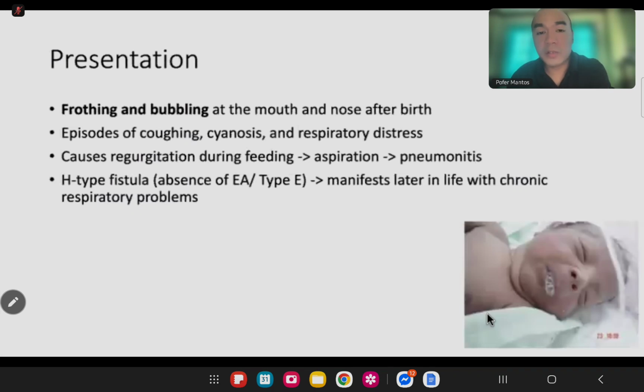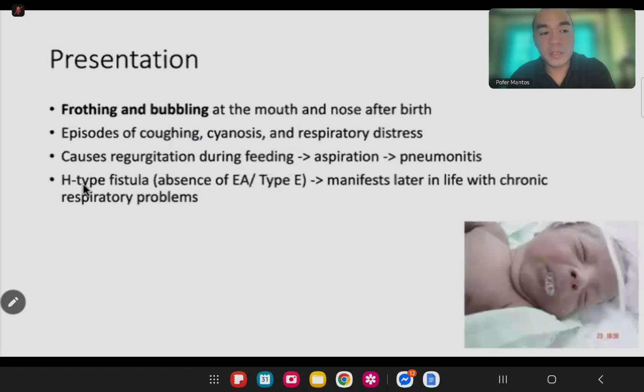For presentation, this is very typical of esophageal atresia: the frothing and bubbling at the mouth. However, for the H-type fistula, since it doesn't have an esophageal atresia, the secretions will just go directly down to the GI tract.